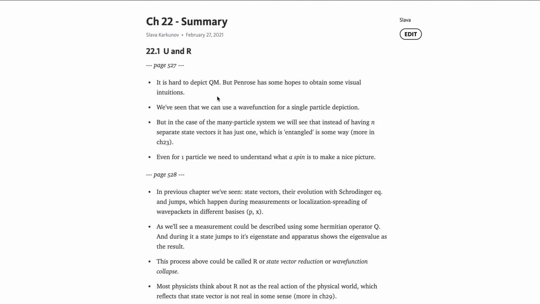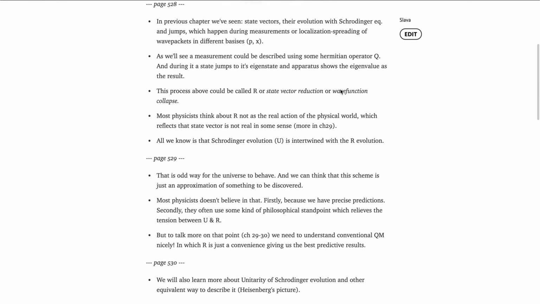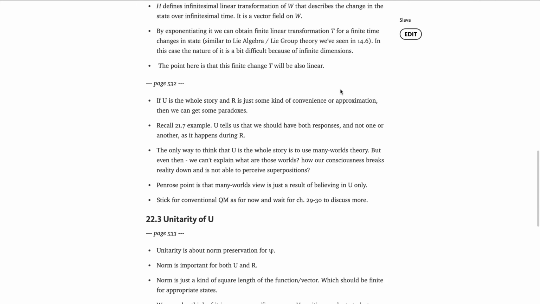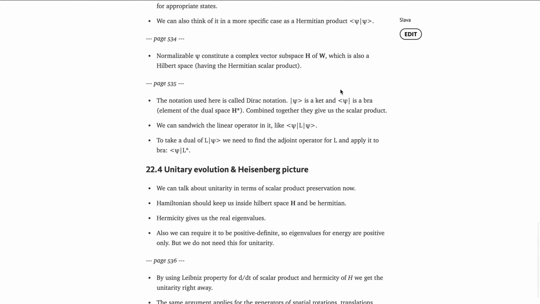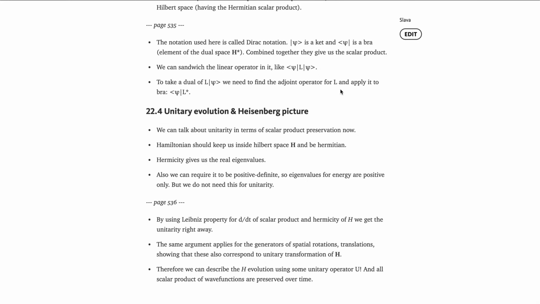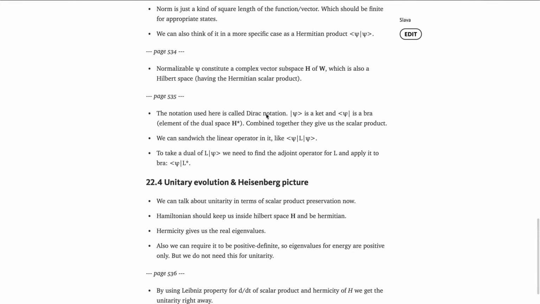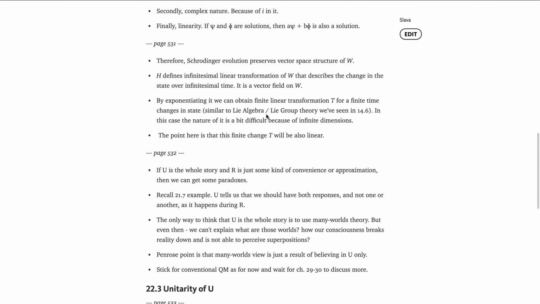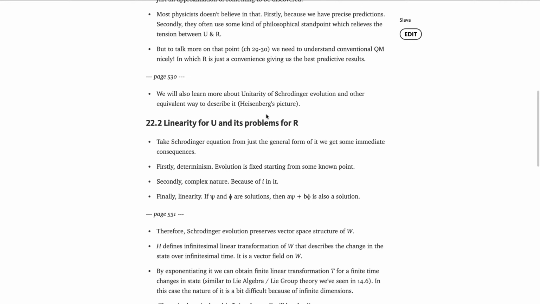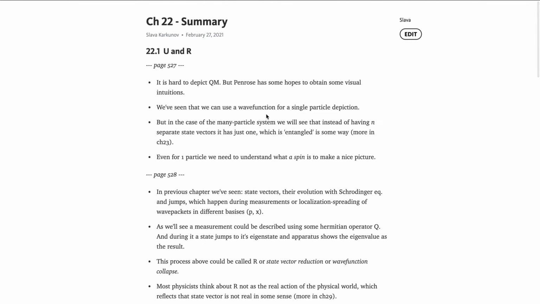Maybe later a bit of geometry and spin, but today we will talk mostly about U and R processes, some of their properties, and unitary evolution and maybe the Heisenberg picture. I didn't manage to write a summary for Heisenberg, but I'm still able to talk about that.